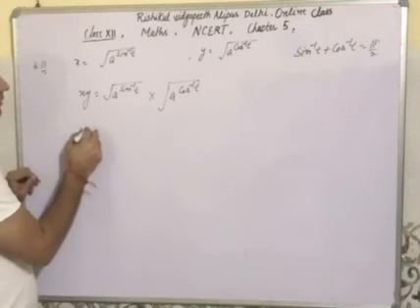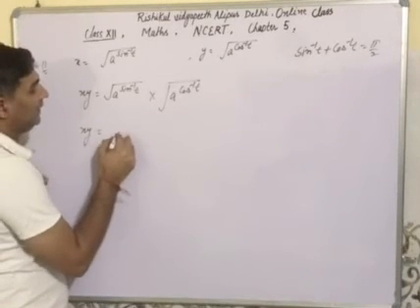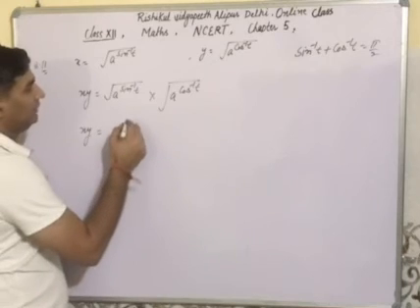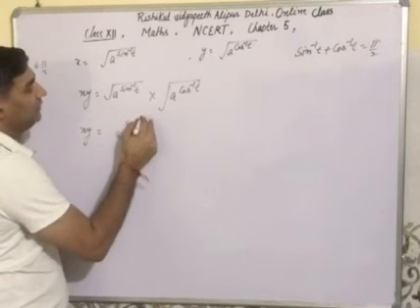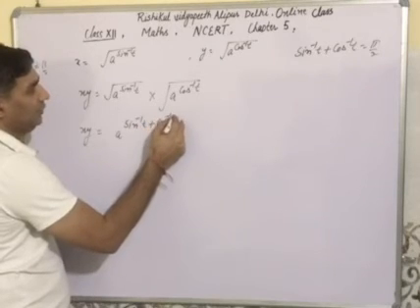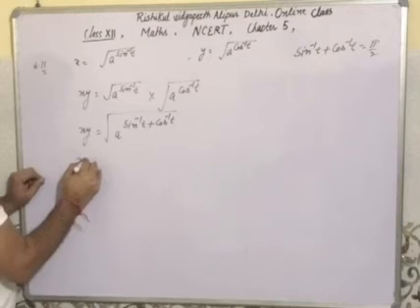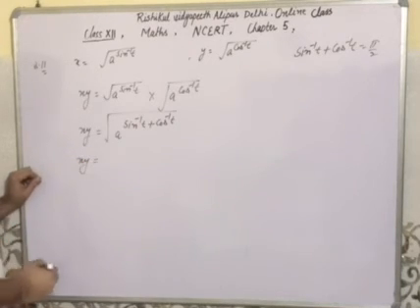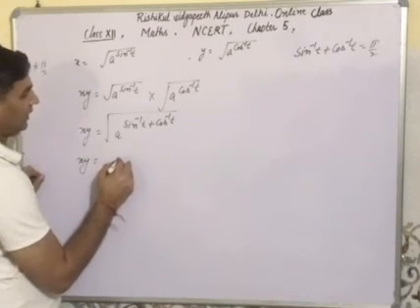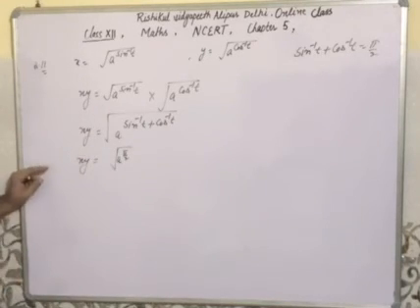Then x into y is equal to a raised to the power sin inverse t plus cos inverse t. Use the property: x into y is equal to a raised to the power pi by 2, and its square root is a constant value.